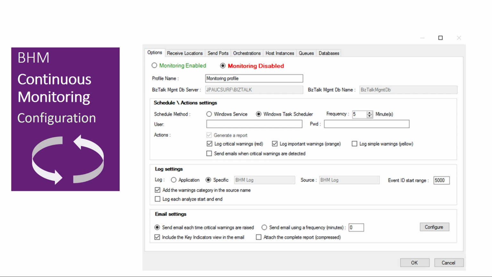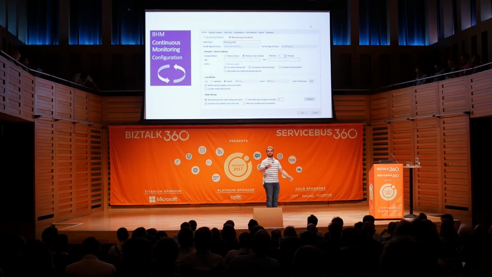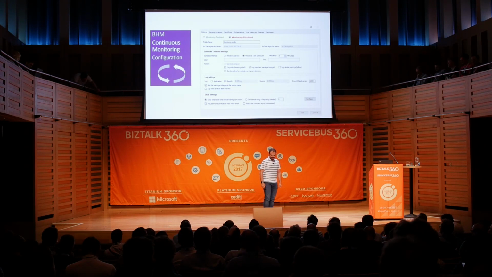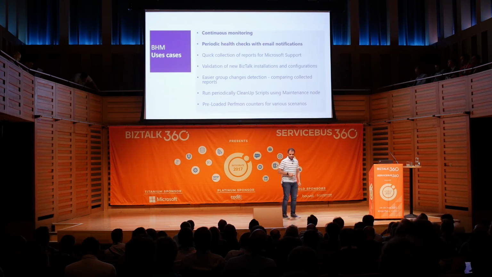So whether you have a port disabled, enabled or unlisted, or whether you have a massive growth of your DTA. So instead of suddenly finding that your DTA has just grown to 20 gigs or something of data in just 1 day, you need to be notified about that. So these are some of the use cases.